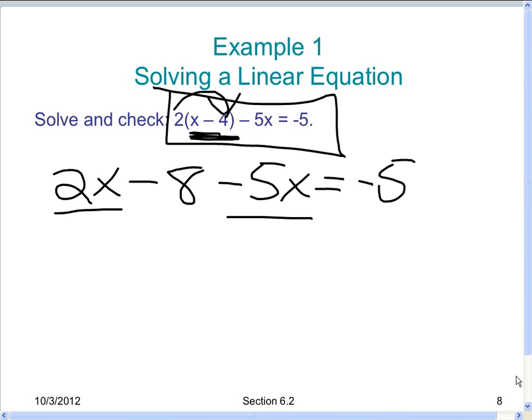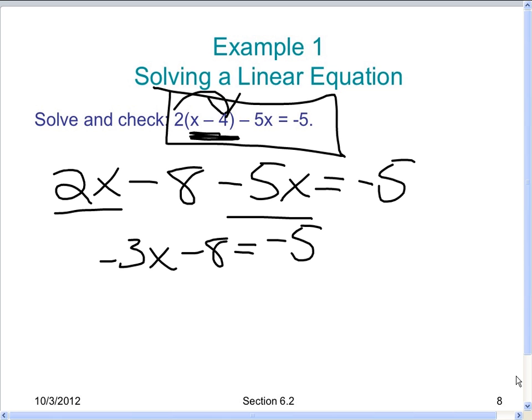So if I take 2x and subtract 5x, I have -3x, and I still have my -8 is equal to -5. Be careful, this is -3x. It is not -3x squared. The only time you get x squared is when you multiply x times x. We did not multiply, we added, therefore it is -3x and not -3x squared.